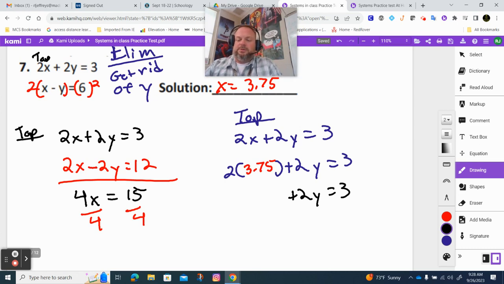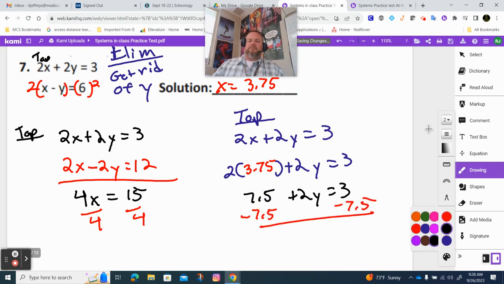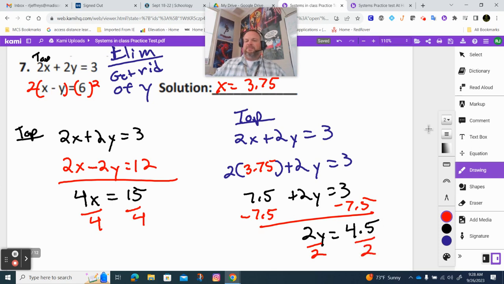Two times 3.75. All right, so this is 7.5. And I'll double check on the test to see if there's any like this. I mean, it's not difficult. It's not like we're dividing by 3 or something.